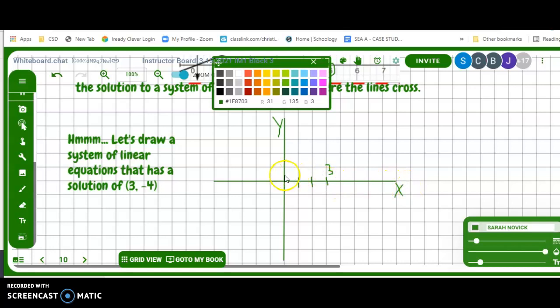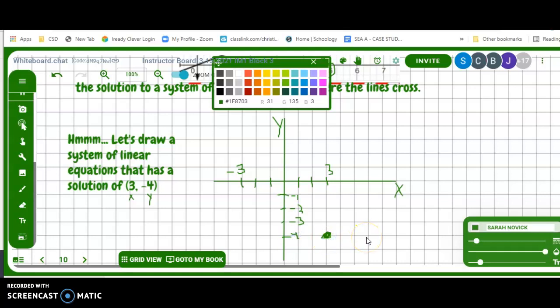This is our positive x. Our negative x would go this way. This would be -3 to the left. Okay? And then down, and then -4 for our y. So we want to go down. -1, -2, -3, and -4. And we put a point right here.